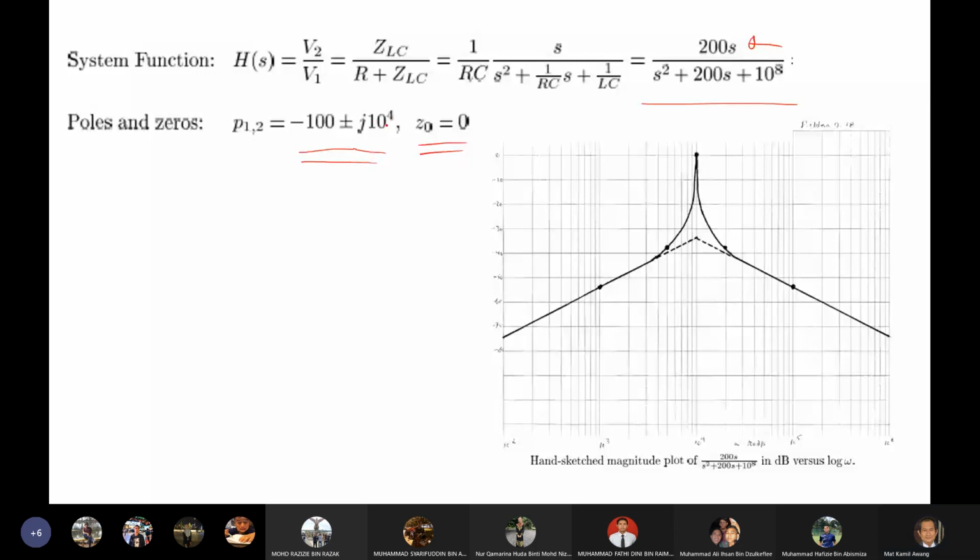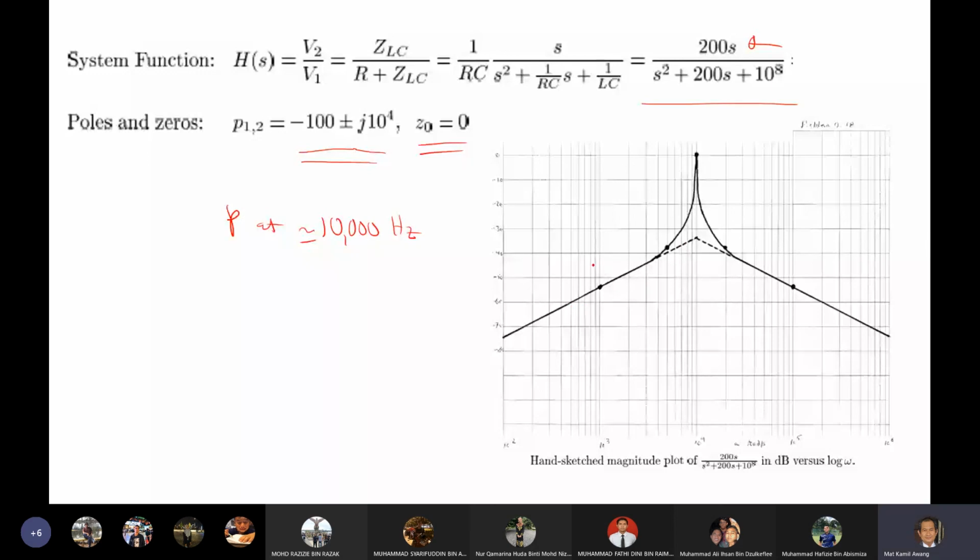If you take the magnitude, you get a pole at about 10,000 hertz. So basically you have two poles and a zero, with 20 dB per decade.